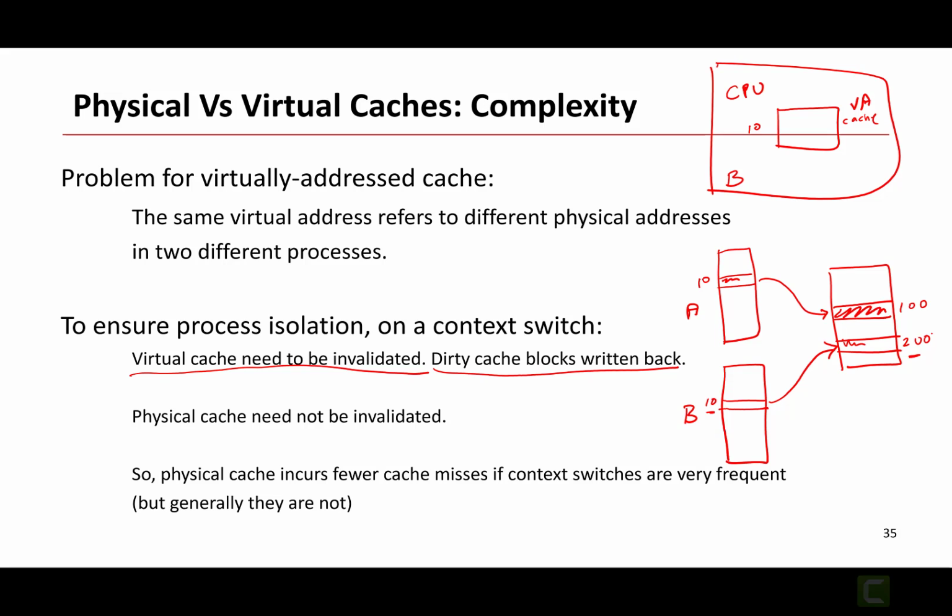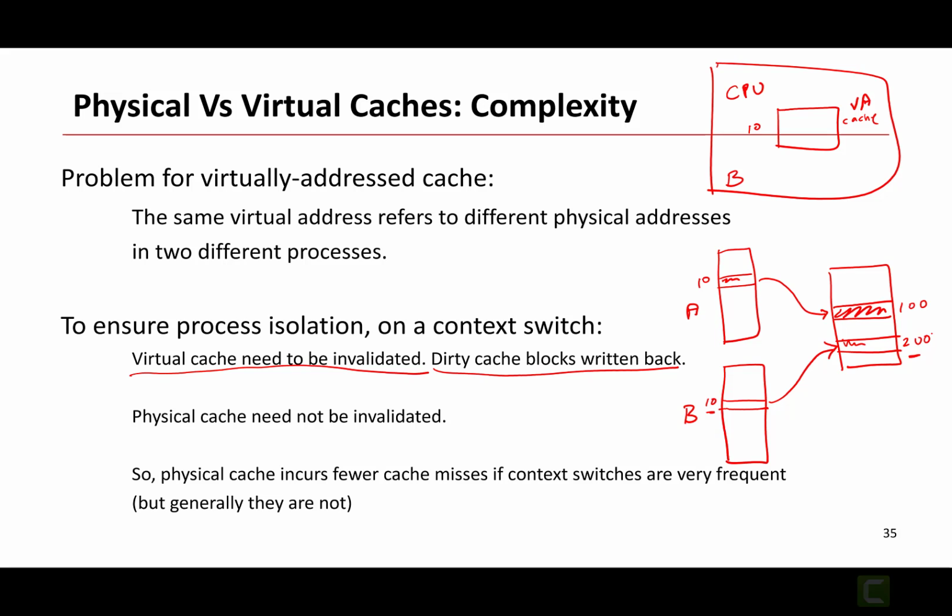And then when it gets context switched out, it has to do the same thing, which is evict all its dirty blocks and wipe out the cache state so that the next process can use it. So the big takeaway here is that when there is a context switch, in the case of a physically addressed cache, there is nothing to be done. Everything works beautifully. There's no problem.